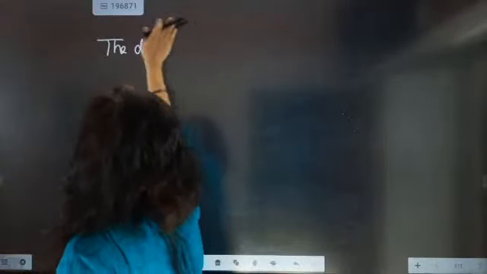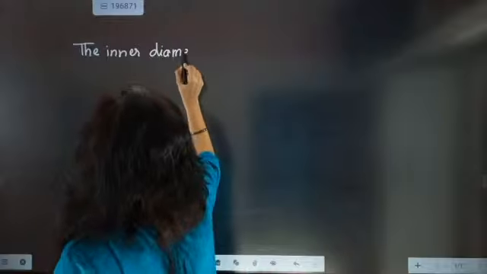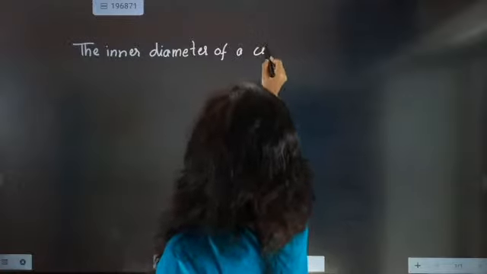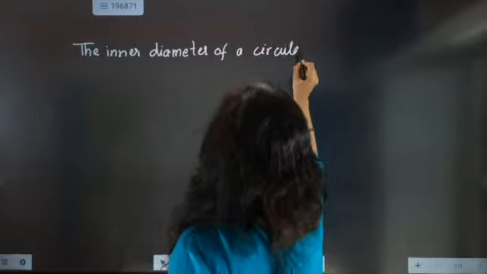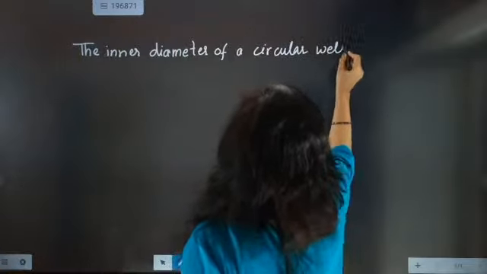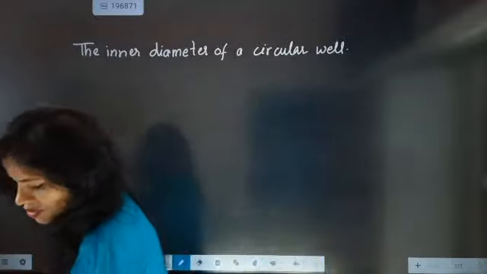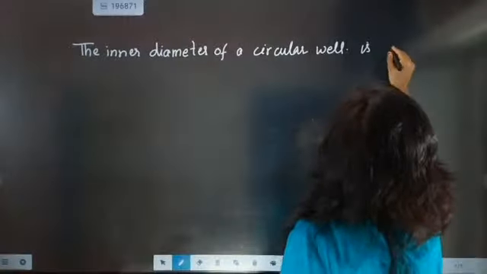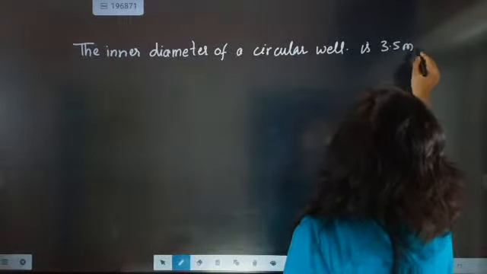Question is the inner diameter of a circular well. The inner diameter of a circular well is 3.5 meter.